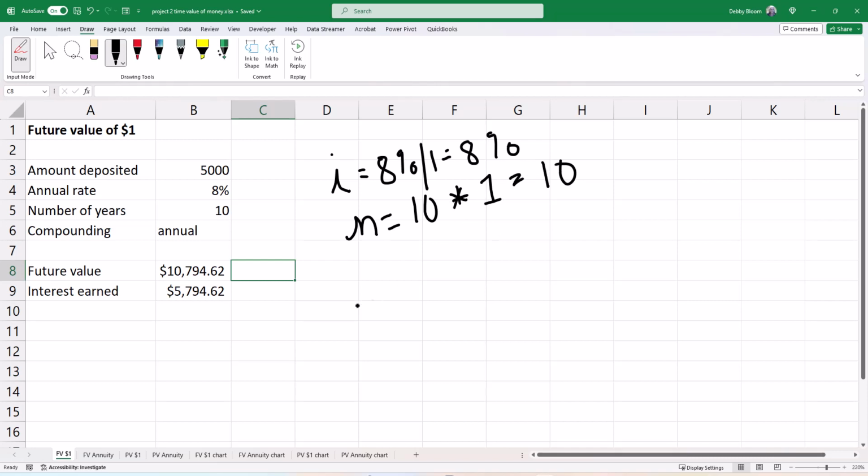So we're going to go to our FV of $1 chart, and we're going to look for the factor that's at the intersection of the 8% column and the 10-period row.